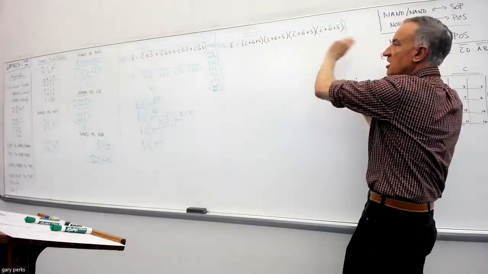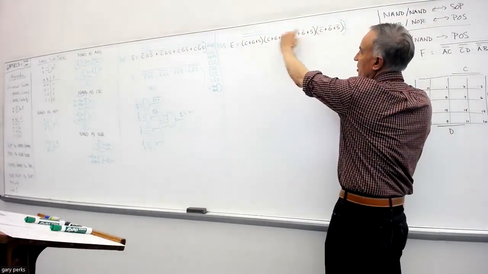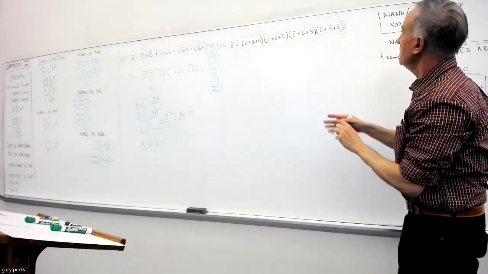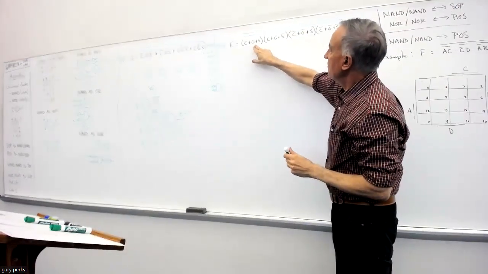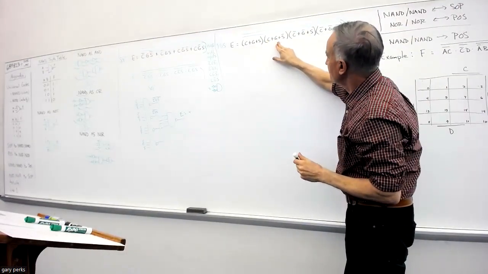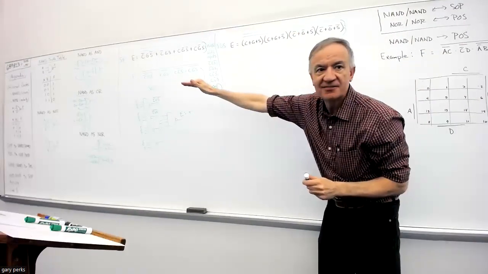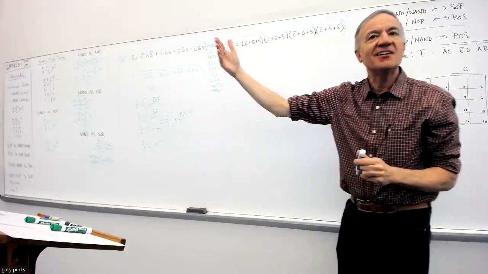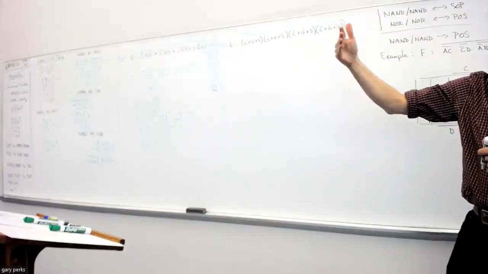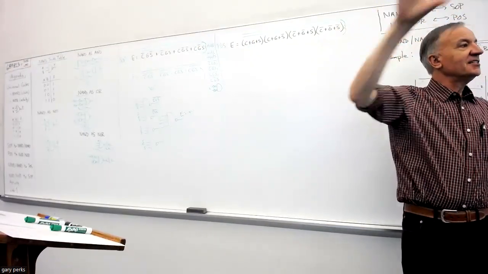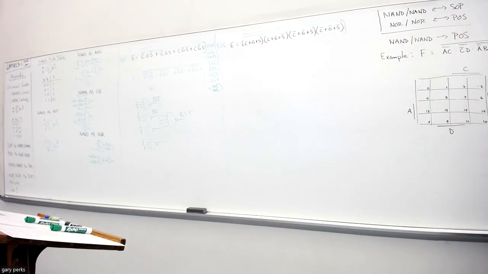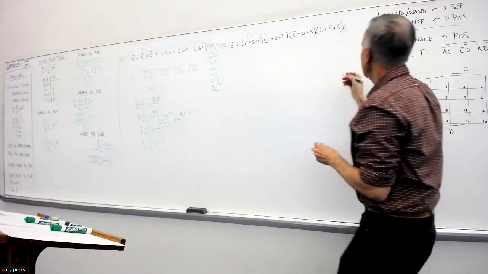Again, we're ignoring the top bar. We're just looking at this bottom bar with what's below it. So look what you have. You have this term ANDed with this term, ANDed with this term, ANDed with this term, and then the whole thing's knotted. So what kind of gate is that? ANDed together, the whole thing knotted is what? Right, a NAND, yeah, not AND or a NAND, yeah, exactly.